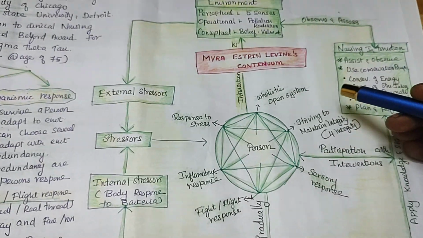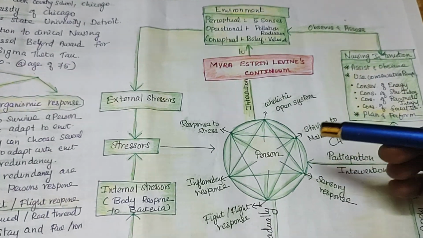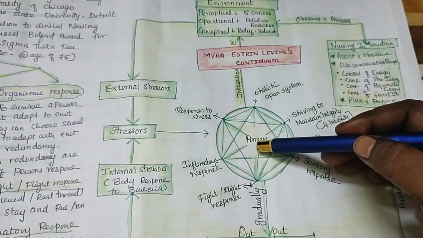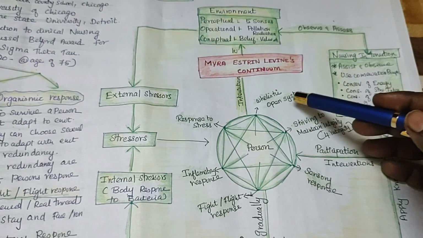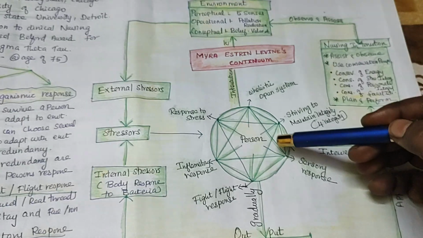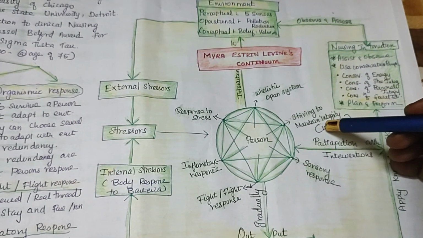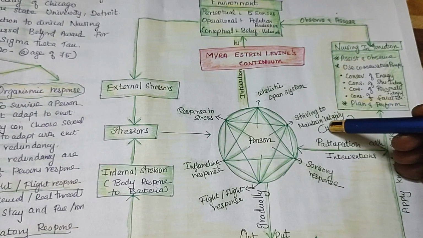I have made Levine's concept into a pictorial manner. So she is telling that a person is a holistic individual, an open system. Any individual is striving to maintain the four integrities. As we discussed, what are all the four integrities?